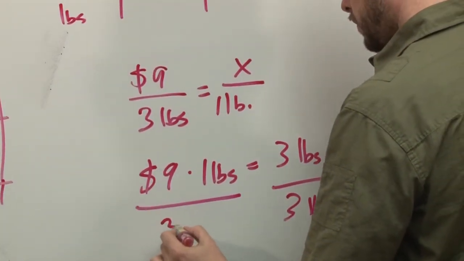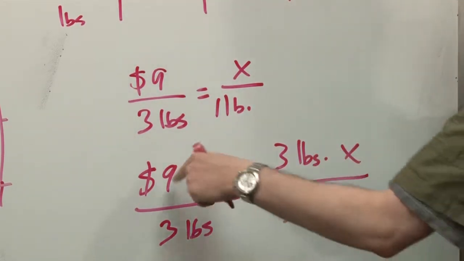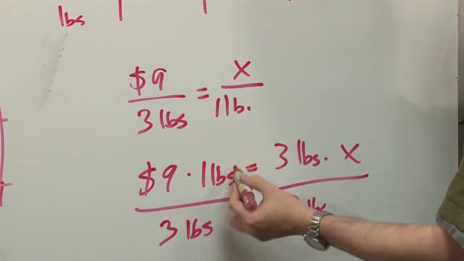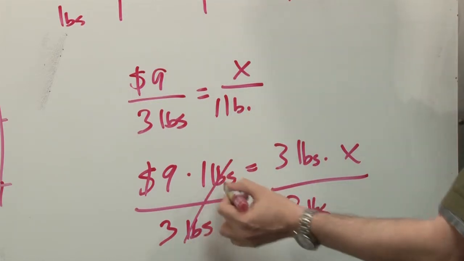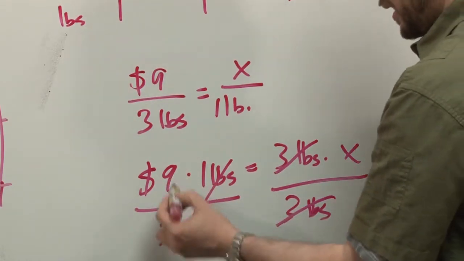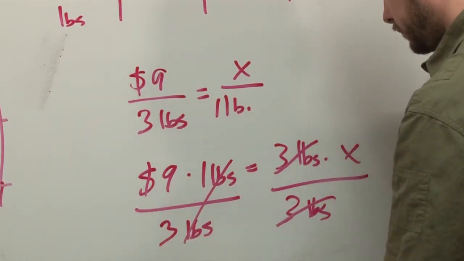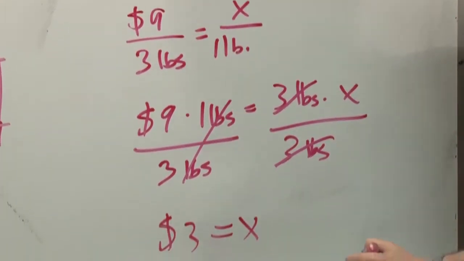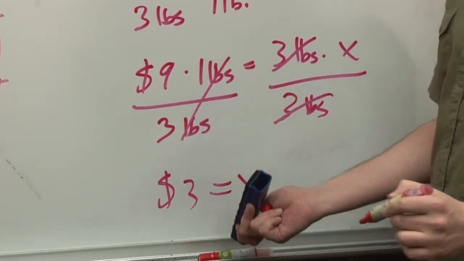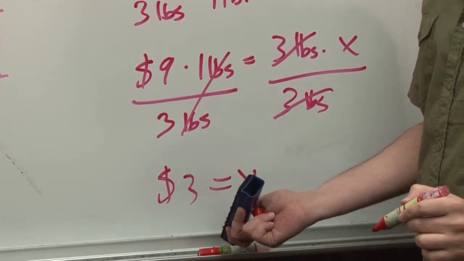And when I do, not only do my numbers reduce, but also my units cancel. Right? Pounds cancels with pounds. I'm just left with $9 divided by 3 is just $3. Okay? And that's the minimum price that I should charge in order to break even.